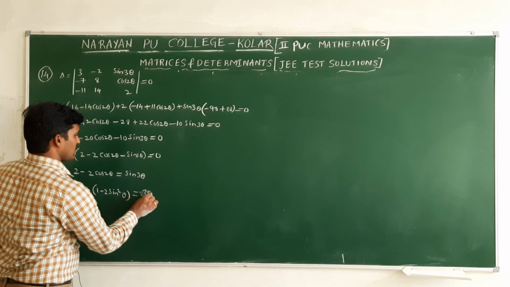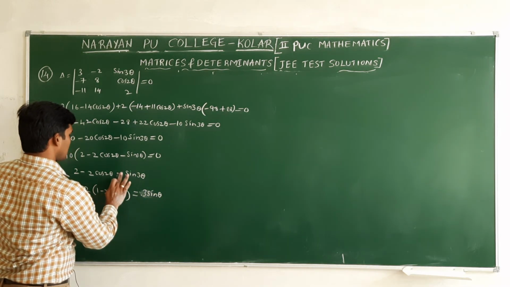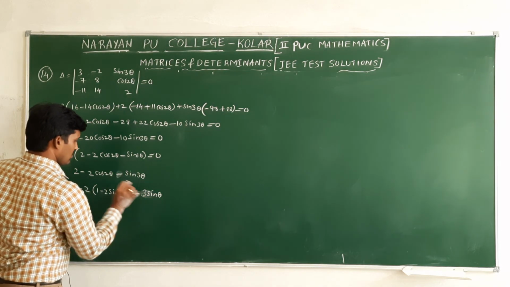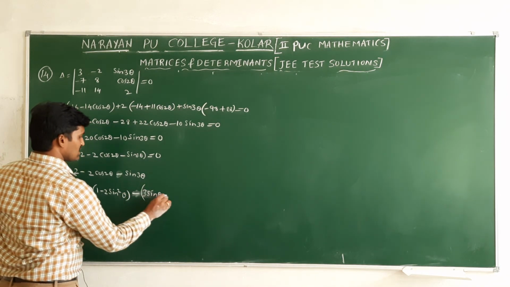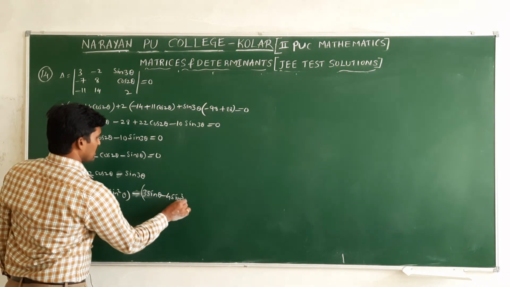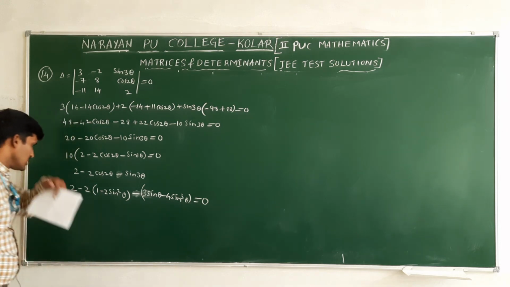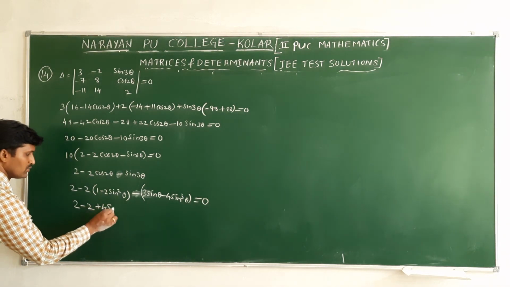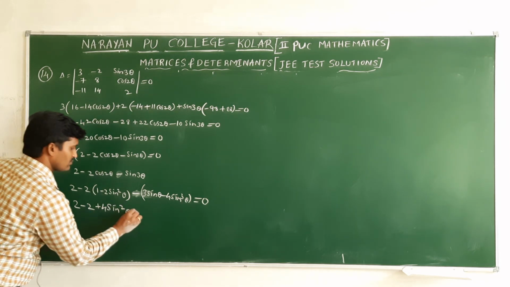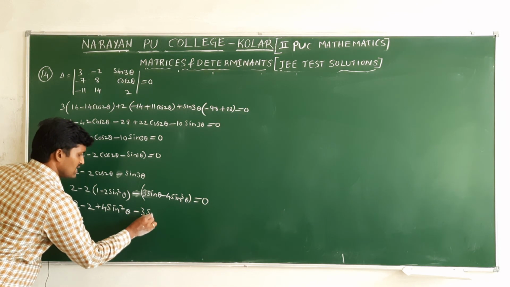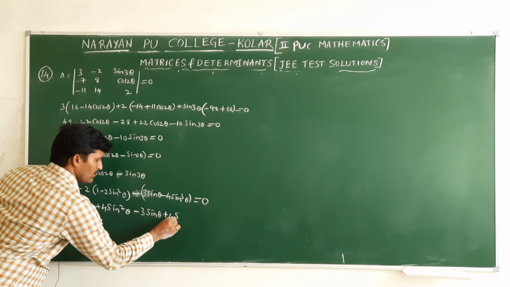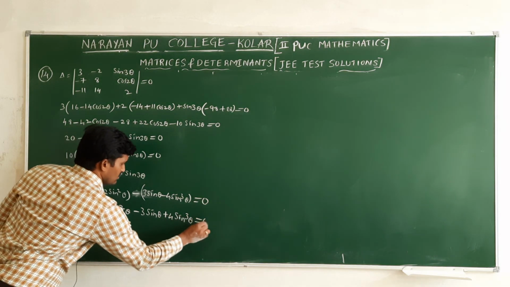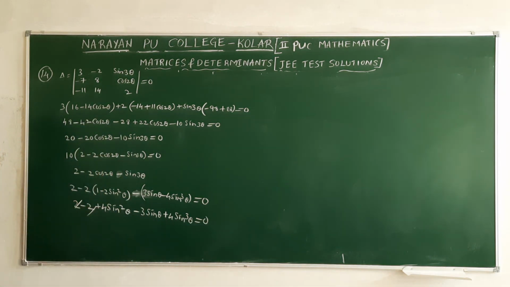3 sin theta, or keep this side only, no problem. We'll take one common factor: 3 sin theta minus 4 sin cube theta is equal to 0. Now if you multiply inside, 2 minus 2 plus 4 sin square theta, minus 3 sin theta, minus of minus plus 4 sin cube theta equal to 0. Here the 2s cancel.